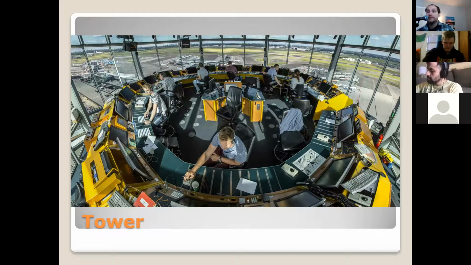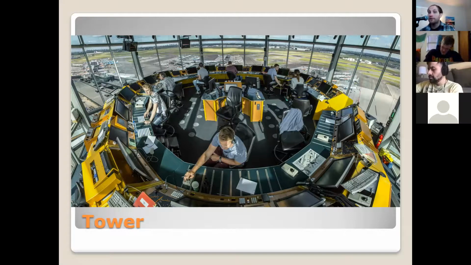Typically, at a towered airport, you do not see midfield cross. So this is a very important lesson I'm trying to tell you here. Very important lesson is that at a towered airport, you typically do not get clearance to cross midfield. So if I was at a non-towered airport, midfield cross is a very common traffic pattern entry.